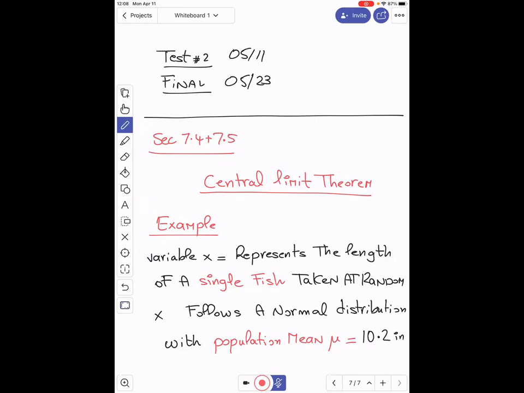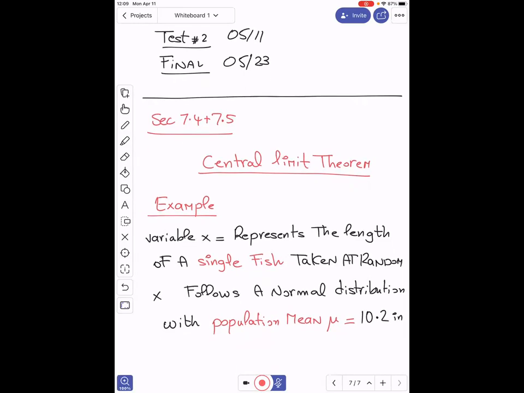So if you take all the fish in the lake and take the average length, that will be 10.2 inches. This is the mean of all the fish in the lake.